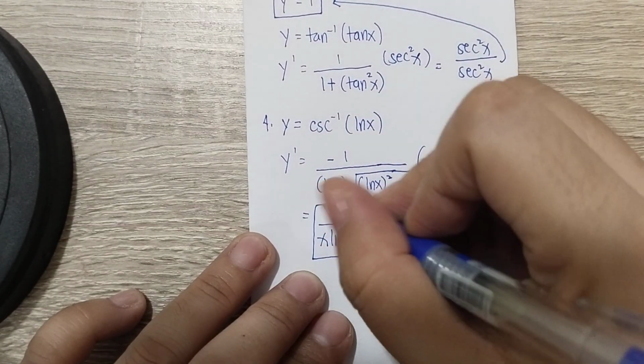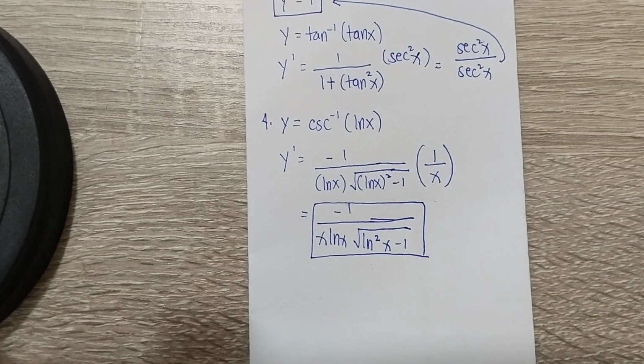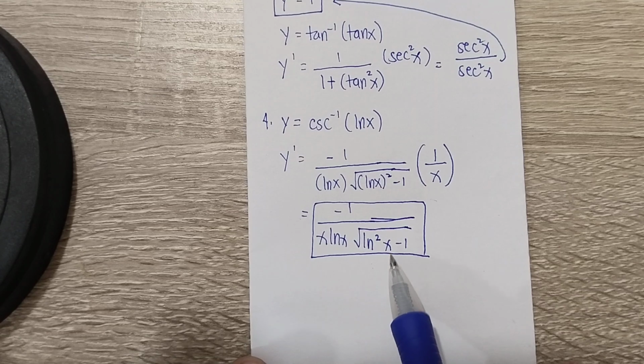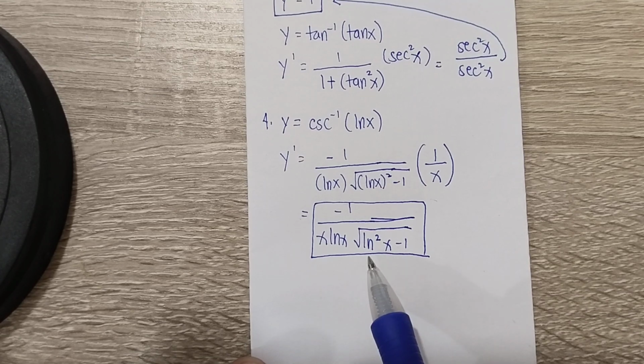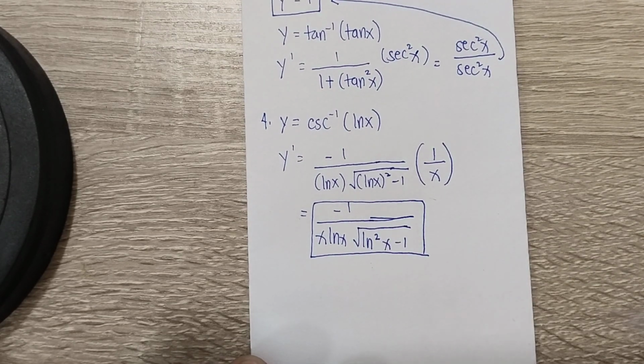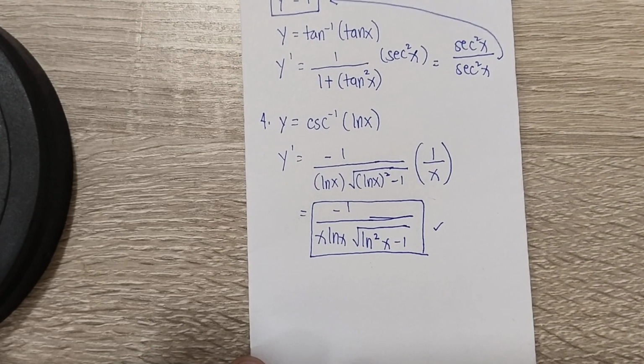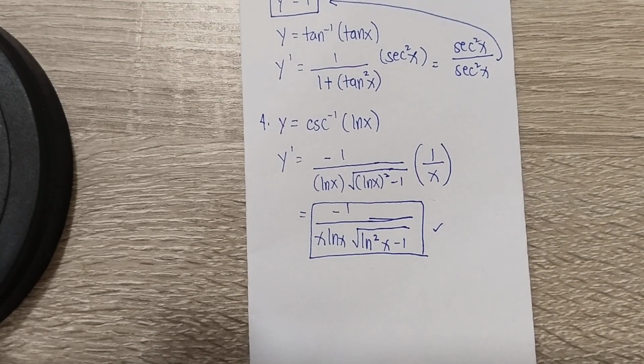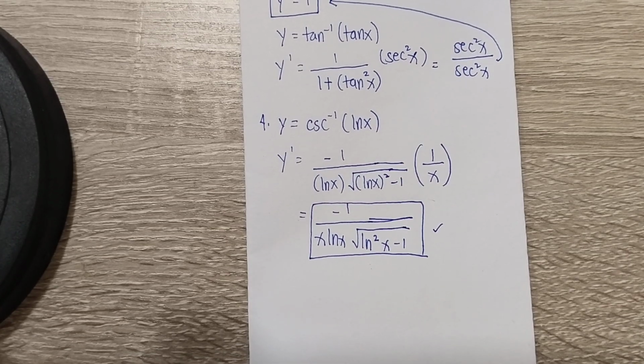Pag nilagay natin siya kay x, magkakamali tayo. Kasi ang ln x squared ay x times x. Ang ln squared of x is ln x times ln x. Therefore, ito yung proper. Kung gusto nyo, pwedeng hindi nyo natanggalin yung parenthesis. Pwede naman. So, this will be our answer for number 4. And that's our inverse trigonometric derivative.